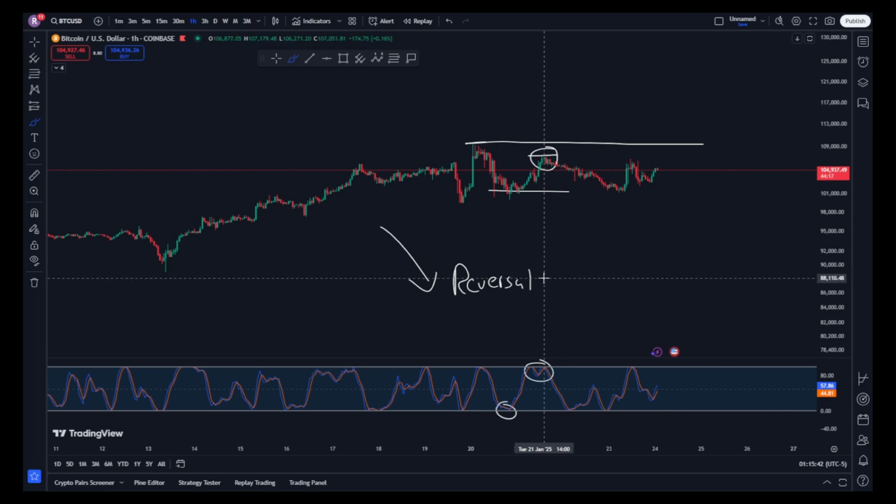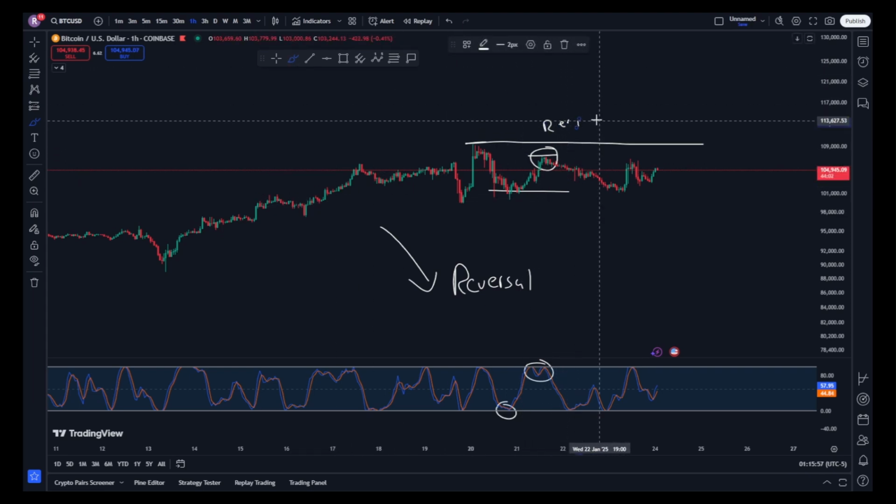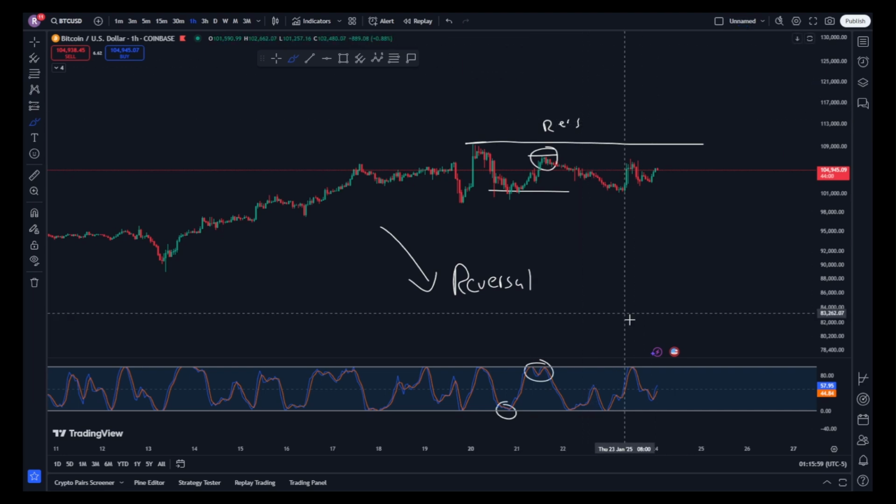So you want to wait and use it as an indication that the market is ready to be shorted, or ready to be topped. So a reversal came over here, but it was actually given to you by the stochastic over here, right? So always make sure you aren't solely relying on this.